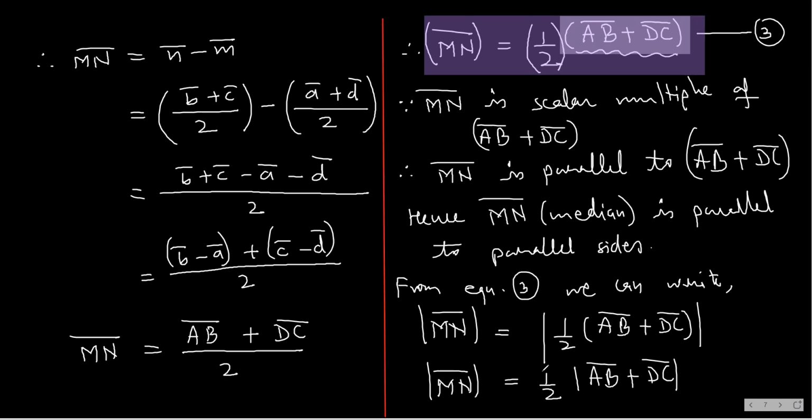This is the MN bar magnitude. Now, what does this prove? This proves that the length of the median, see, mod MN bar is nothing but the length of MN. So the magnitude of MN bar is the length of the median. So I have proved that the length of the median is 1 upon 2 times the sum of lengths of the parallel sides. So next step you will write, therefore mod MN bar is equal to 1 upon 2 times mod AB bar plus mod DC bar.